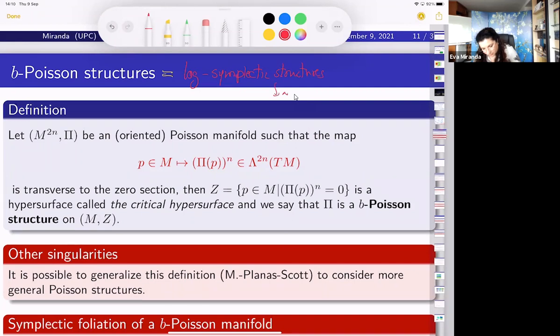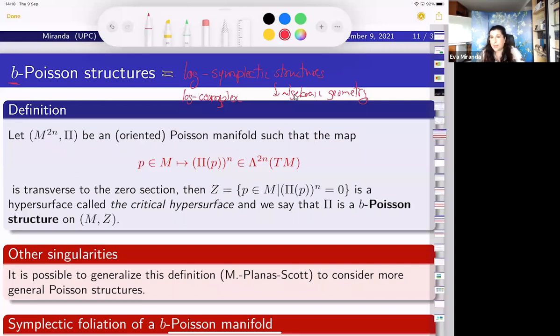The motivation comes from algebraic geometry, and in algebraic geometry, the log complex is very well understood. That's the reason why, when we started to work with these objects, with Victor, we called them b-Poisson, because of the motivation of manifolds with boundary, and because Melrose already had been working with b-structures.